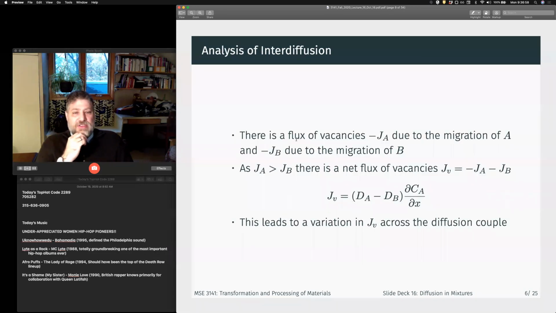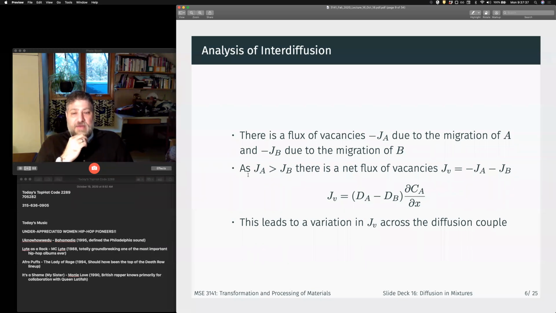And so we have a flux of vacancies due to the migration of A, and that flux of vacancies is going to be equal to the negative of the flux of A atoms. The same thing, we have a flux of vacancies due to the migration of B that's equal to the negative of the flux of B. There's a net flux of vacancies that's equal to the sum of these two contributions.